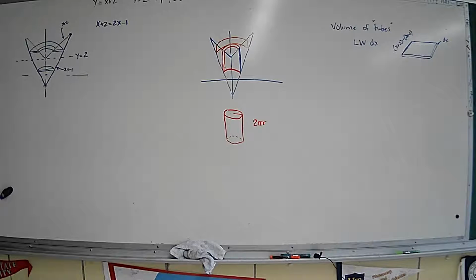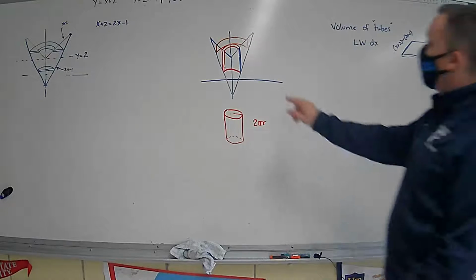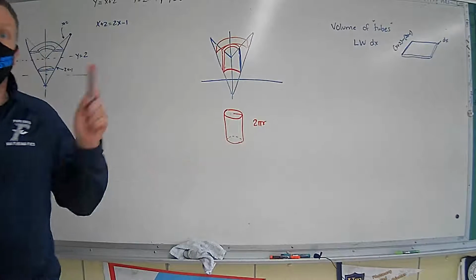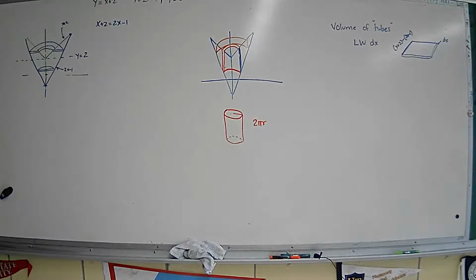What's going to determine the radius of that cylinder? This cylinder right here, this red one, versus this orange one. They have different radii, correct? What's determining that?